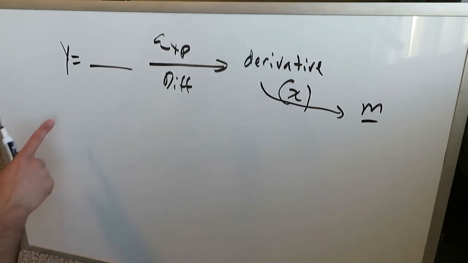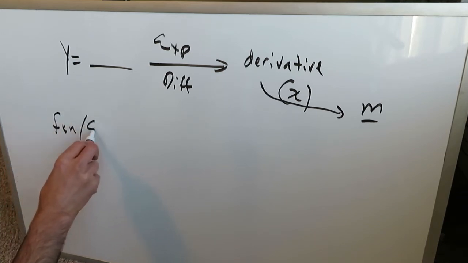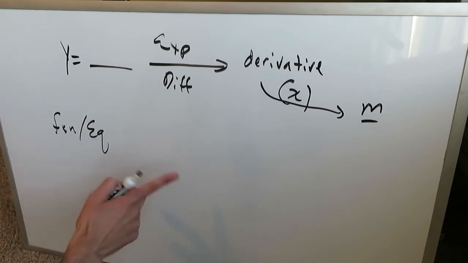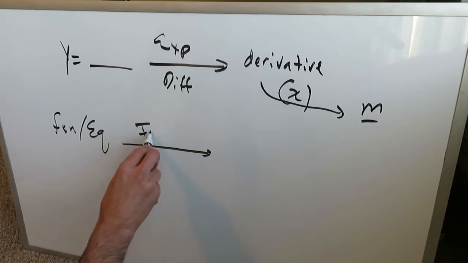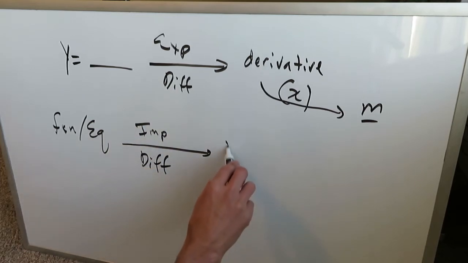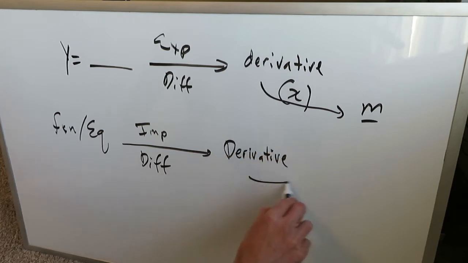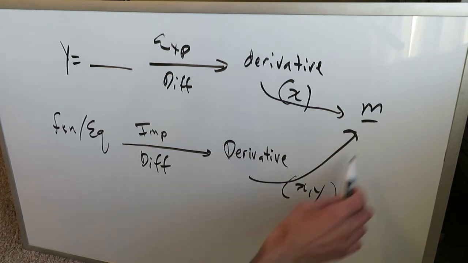When you have a function or an equation where you cannot explicitly represent one variable cleanly with regards to the other, now remember, here's the difference, you have to use implicit differentiation. When you use implicit differentiation, you get a different kind of derivative. And the difference is this: in this derivative you'll have to put in x and y values to actually arrive at the slope of your tangent line.